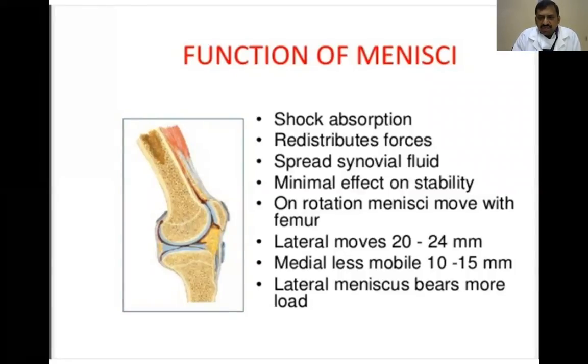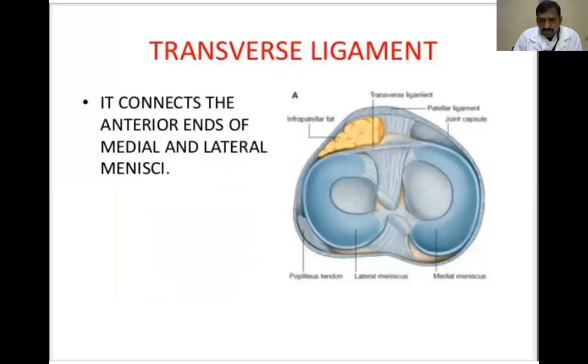They have minimal effect on stability. On rotation, the menisci move with the femur. The lateral meniscus moves 20 to 24 millimeters, but the medial meniscus moves less, 10 to 15 millimeters. The lateral meniscus bears more load.